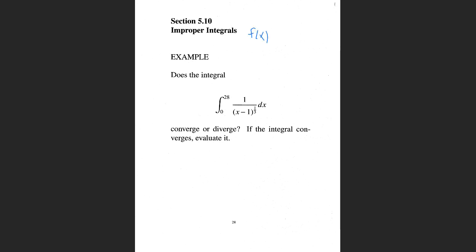So here's the function in this problem. The function is equal to 1 divided by x minus 1 to the third power, which incidentally is the same as 1 divided by the cube root of x minus 1.